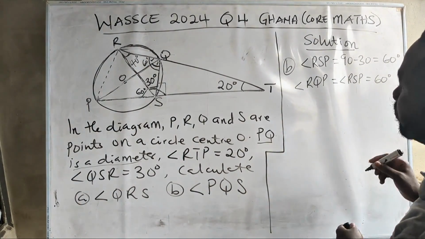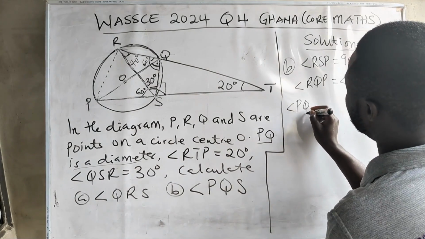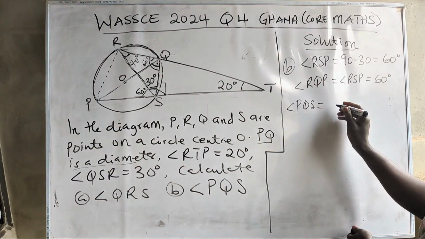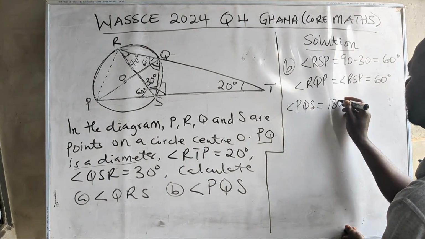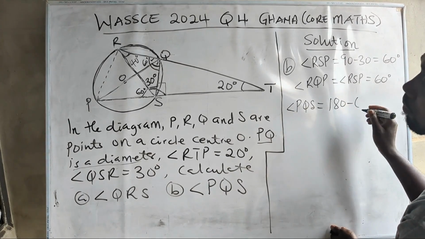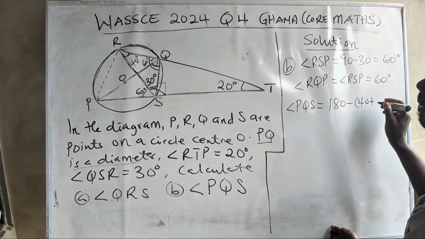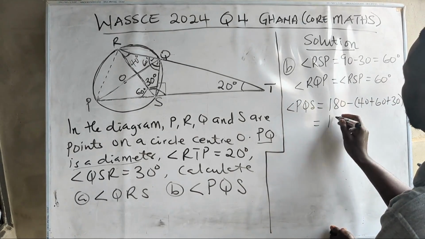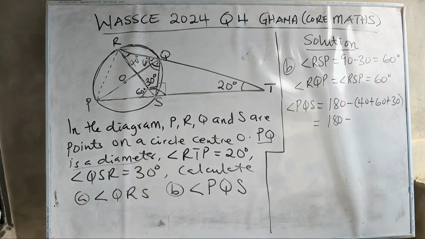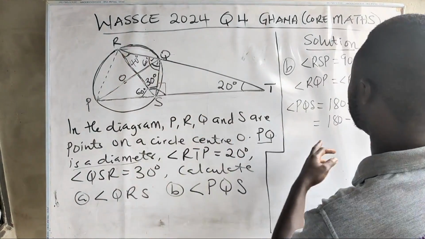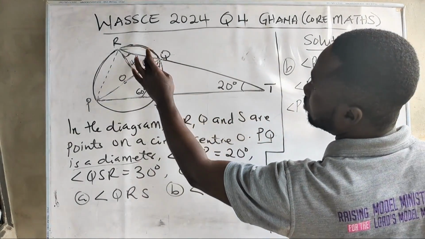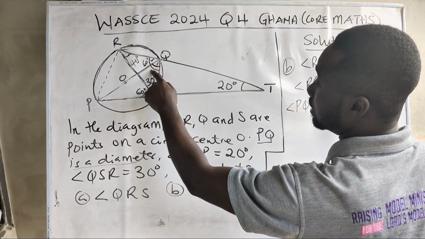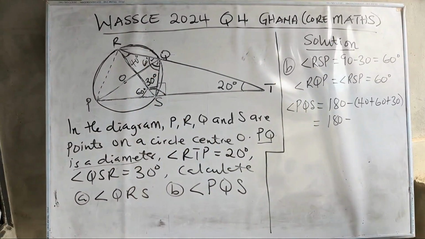Angle PQS is going to be 180 minus the addition of 40 plus 60 plus 30. When you subtract from 180, because 1, 2, and 3 will give me 180, this particular angle will be left.